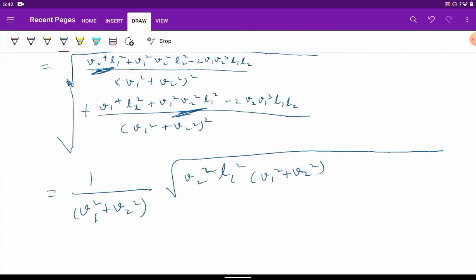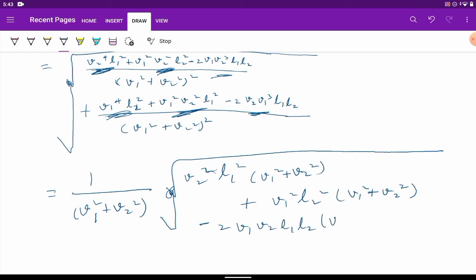We can take this term and this term, and take out V1 square L2 square, also left with V1 square plus V2 square, right? And from these two we can take out 2 V1 V2 L1 L2, and we're left with V1 square plus V2 square.